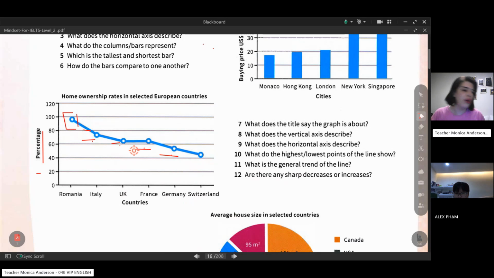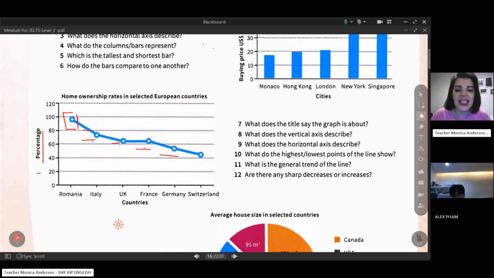Sharp, the most important one. Well, it could be Romania to Italy, but maybe not. As you can see, Romania is different from the others.